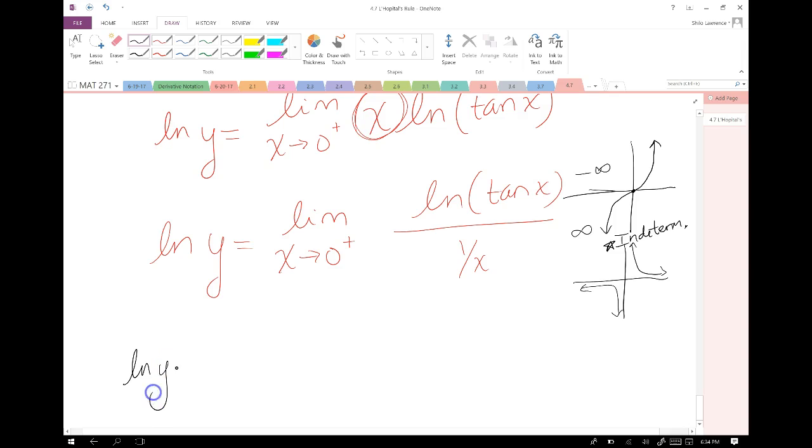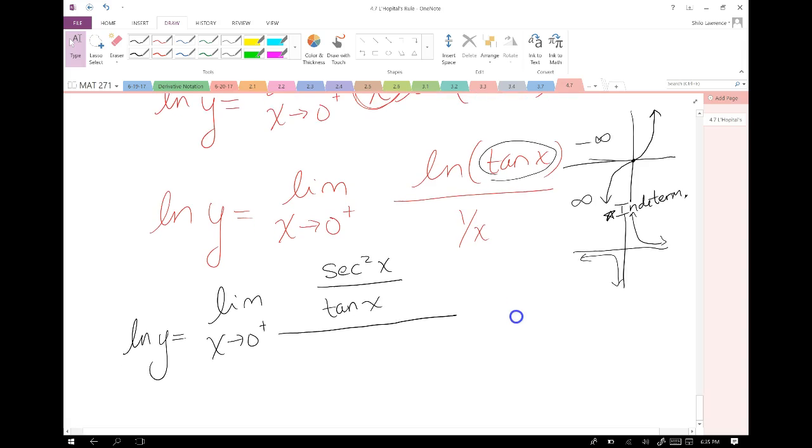So the natural log of y is equal to the limit as x approaches 0 from the right. In the top, the way that we take the derivative of a log is we create a fraction. And we put whatever's inside the log into the denominator, and we put its derivative in the numerator. So the derivative for the natural log of tan is secant squared over tan, and we're probably going to be able to simplify that in a minute, but don't worry about it yet.